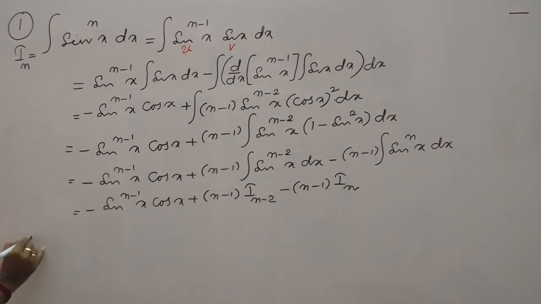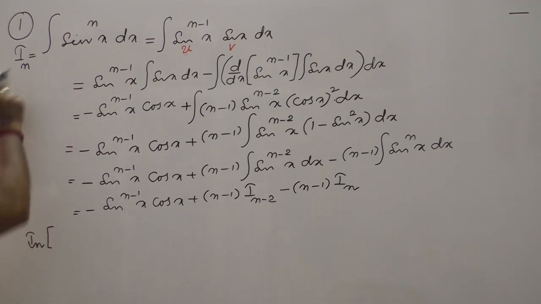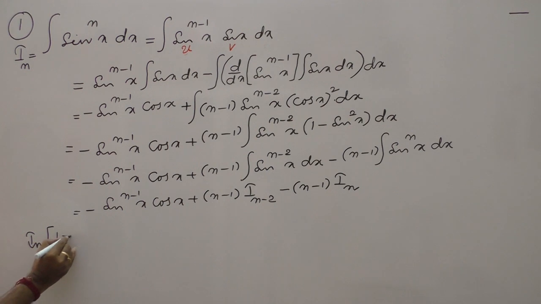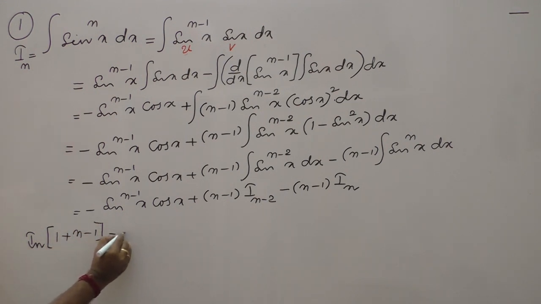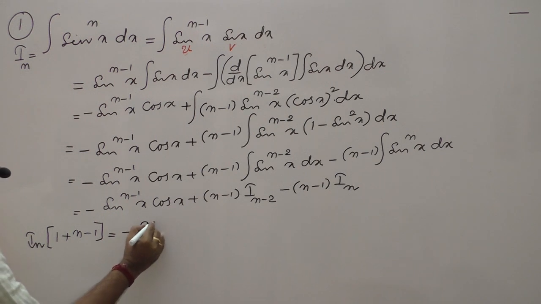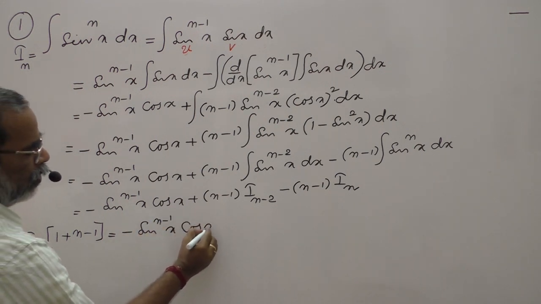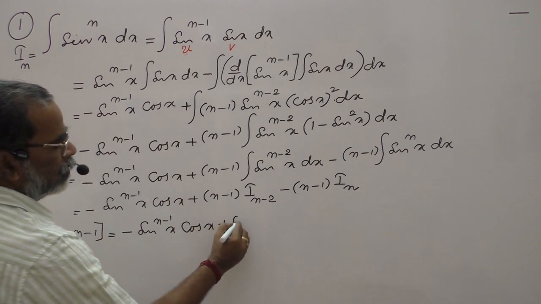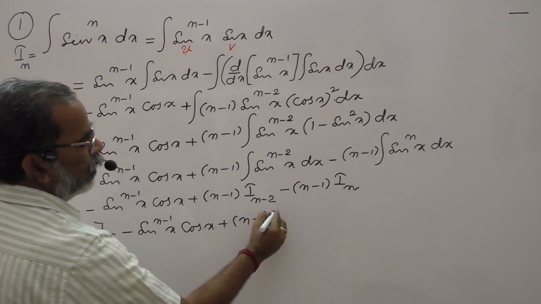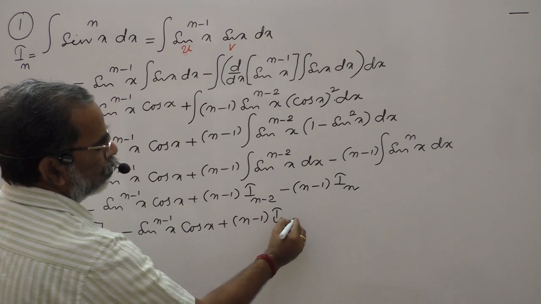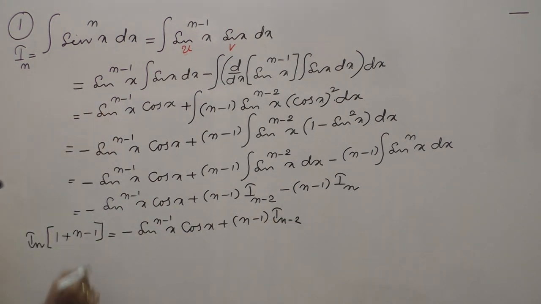Write it on the left side and take I n in common. If I take I n in common, here I will have 1. The term becomes plus, no? If I take I n in common, I will be having n minus 1. What will be there on the right side? Minus sine power n minus 1 x into cos x plus n minus 1 into I n minus 2. This we have written on the left side.